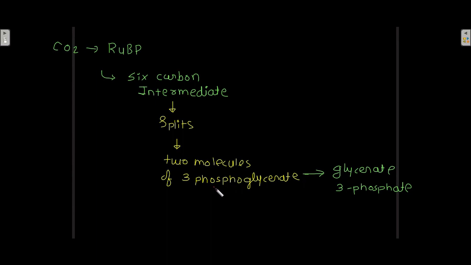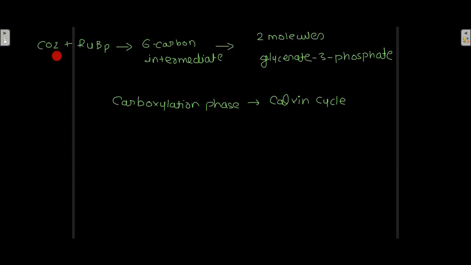This phosphoglycerate is also known as glycerate 3-phosphate. So carbon dioxide gets incorporated into RuBP, this produces a 6-carbon intermediate, and this splits into 2 molecules of glycerate 3-phosphate. Okay, this is your carboxylation phase of the Calvin cycle.